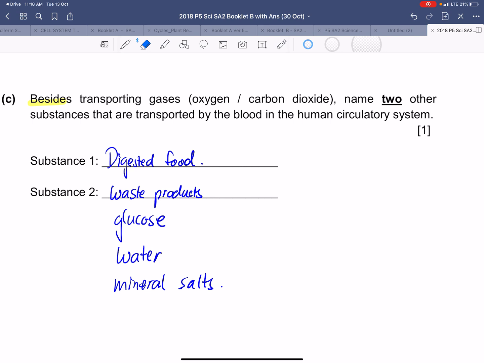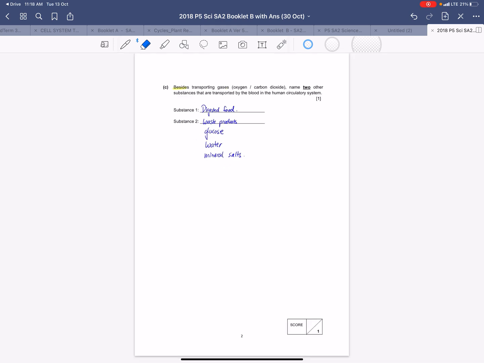If you put digested food and you put glucose as your second substance, no, cannot. So what I'm looking for is digested food, except glucose, except water, except mineral salts also. So be very clear.